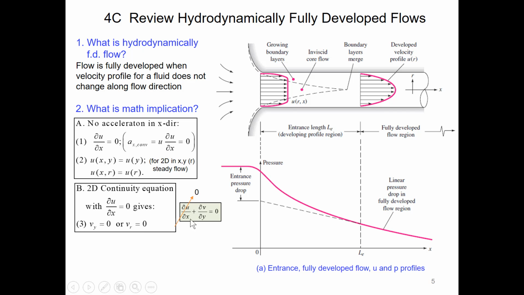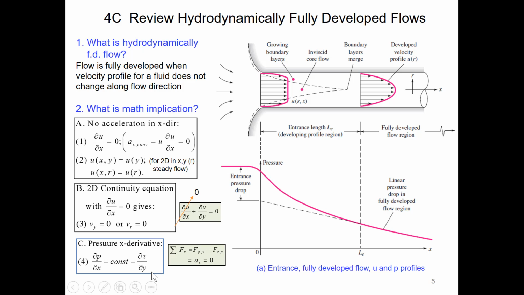Second, from the continuity equation with the no acceleration condition, we can demonstrate the velocity in the y or r direction is 0. Third, since there's no acceleration, the force is balanced. Therefore, the pressure derivative in the flow direction x is constant.